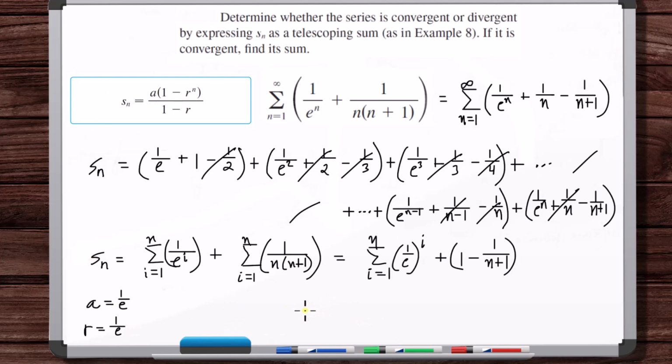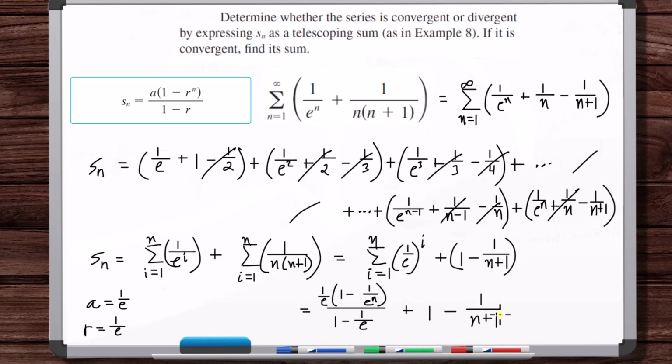So what we've got is 1 minus, and then we would have, so e, right, plus 1 minus, and there we go.